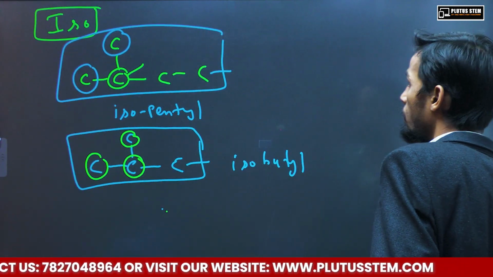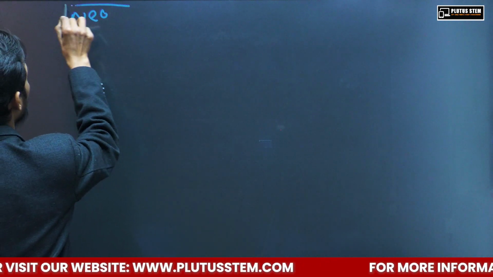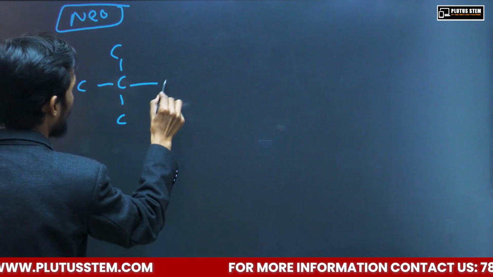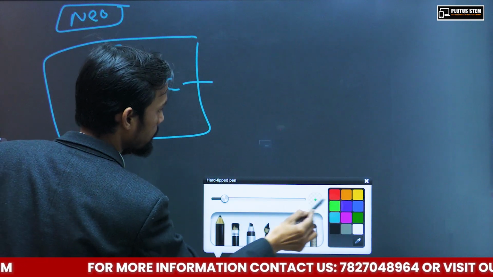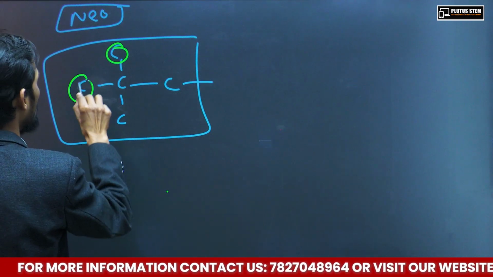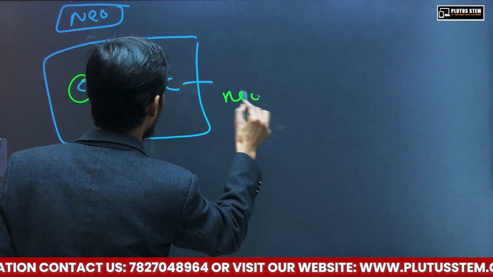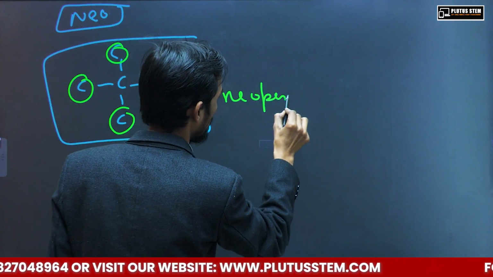So the neo term is used when the second last carbon is attached with 3 different groups. 1, 2, 3. So this is our neo, neopentyl.